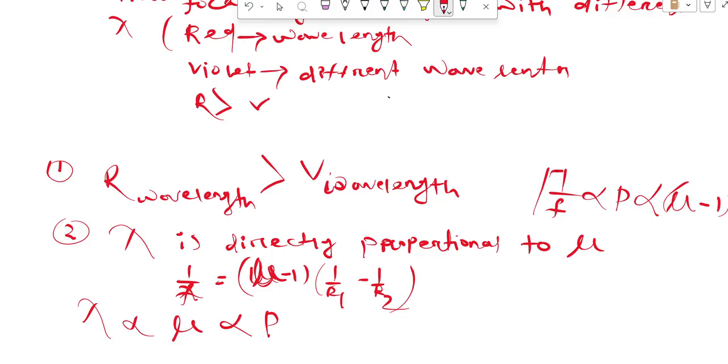So if mu is higher, then the power will be higher.